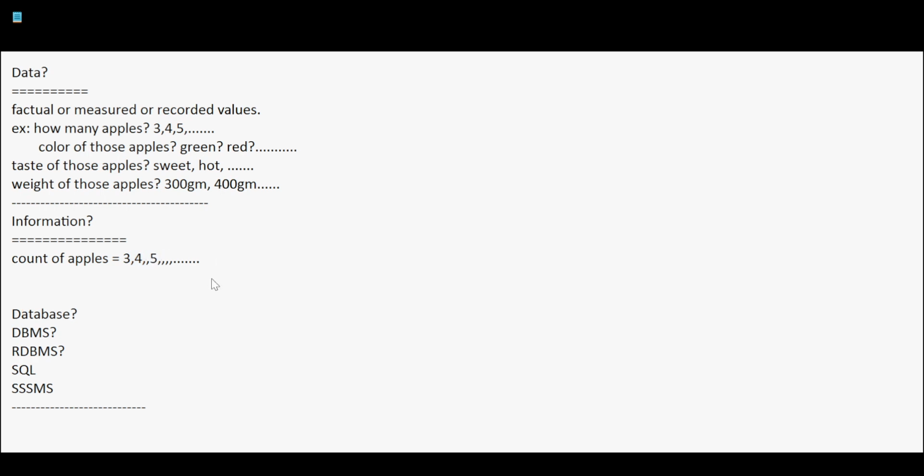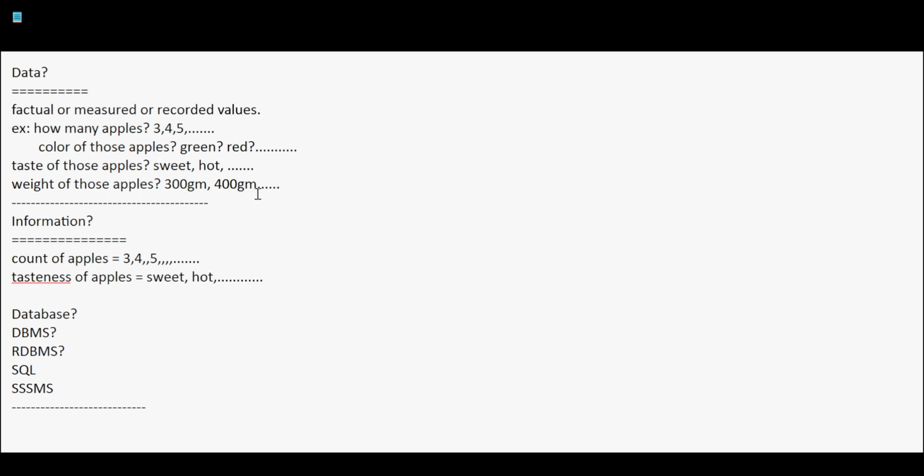Now we will find the tastiness of apples. What is that? It's sweet, hot, or whatever. It is the information, I mean, it conveys the tastiness of apples, but only sweet, hot could not be the information. It could be just the data, right?